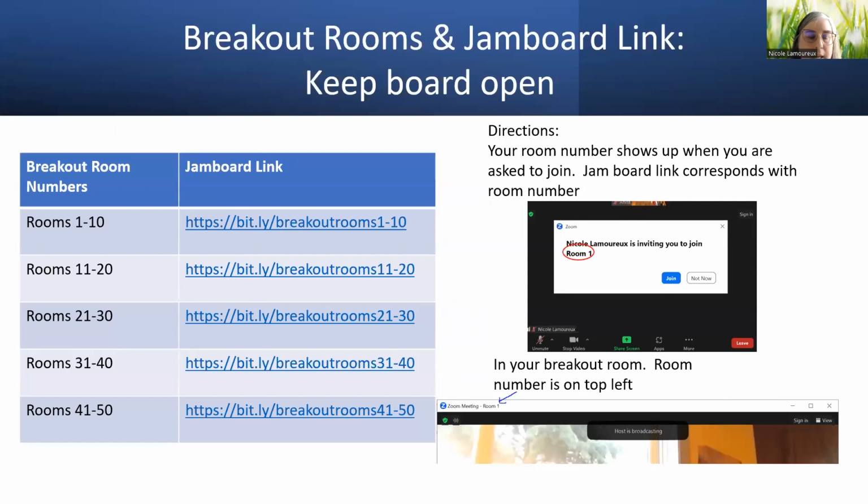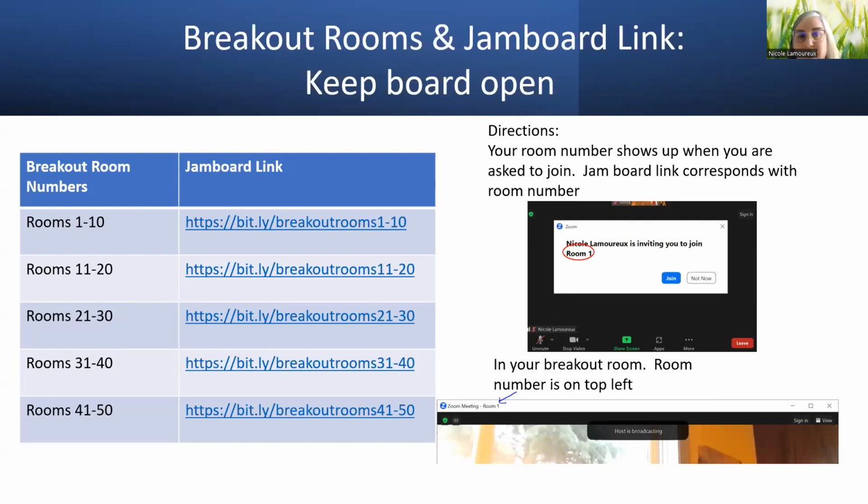In a moment, you're going to get the PDF that looks like this. You're going to be put into breakout rooms and a number is going to show up. If by chance you miss the number and you're just in a room, on the top left corner you can see room 1 right here. If you're in rooms 1 to 10, you're going to be in that breakout room link, because Jamboard only works for 50 participants.